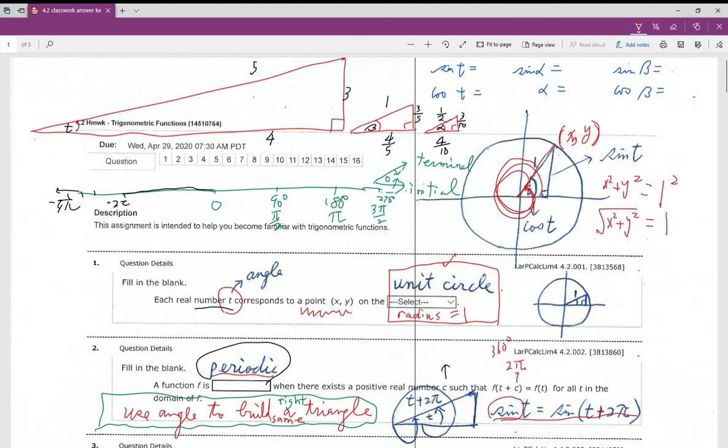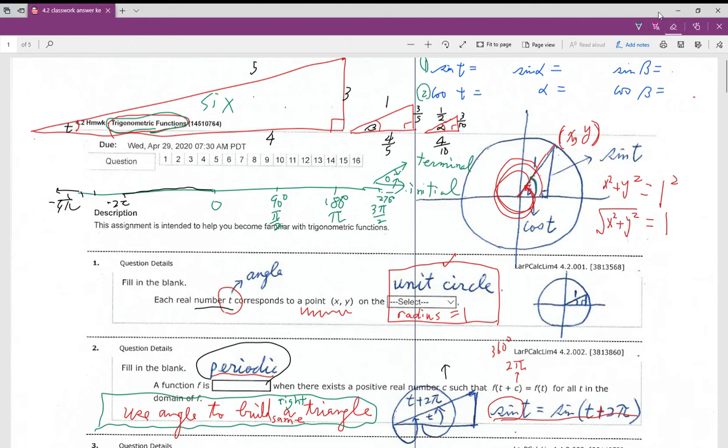So number one, I want to introduce two trigonometric functions. What do trigonometric functions mean? Basically, we have six trigonometric functions. And right now, in the beginning, I would like to introduce two trigonometric functions first.